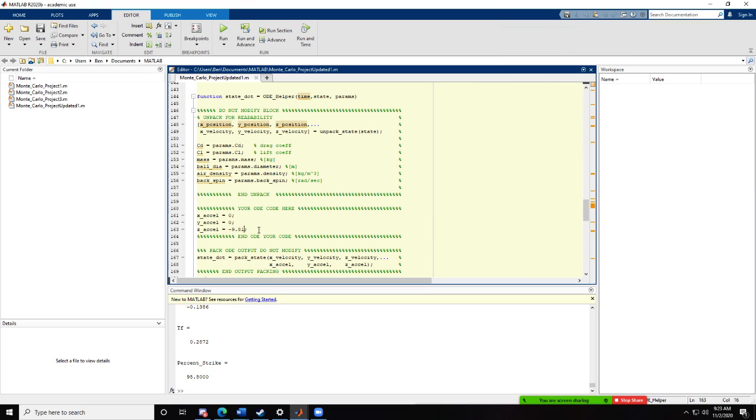But if you put here times mass, why are you doing that? Well, force is equal to ma. It's asking for a, so a would be force over mass. Am I confusing myself?